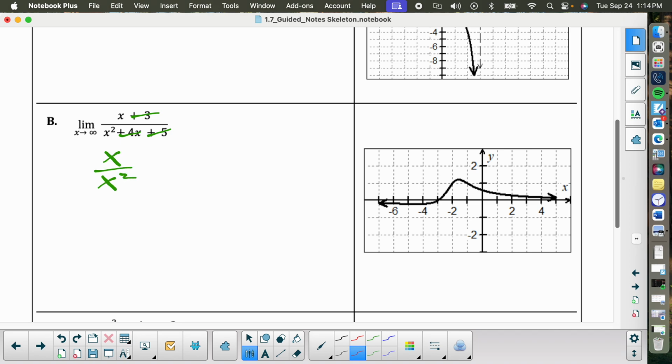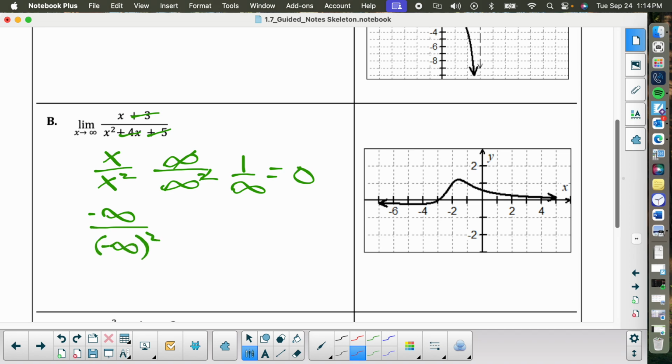When I plug in infinity, 1 would cancel on each, and I'd have 1 over infinity, which is 0. Negative infinity would work slightly different, but have the same end result. This would turn positive, but again, it would have the same result because you cancel an infinity from both, and you would have negative 1 over infinity, which is negative 0.